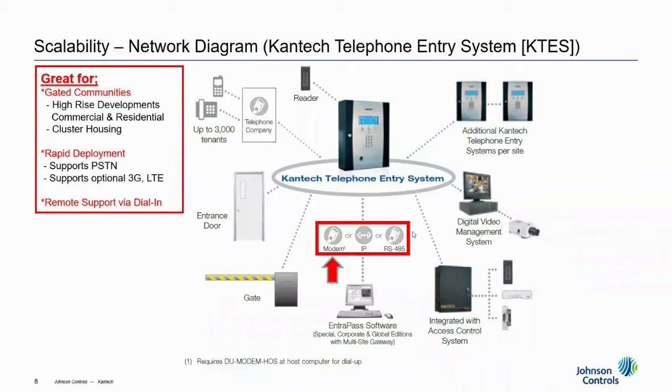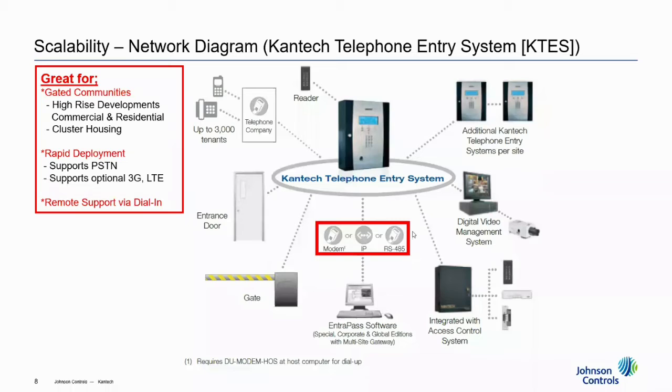So the SI, the system integrator, manages this KTES by dialing in to the built-in modem within this KTES, and does the configuration such as to add cards, delete cards, and other stuff.